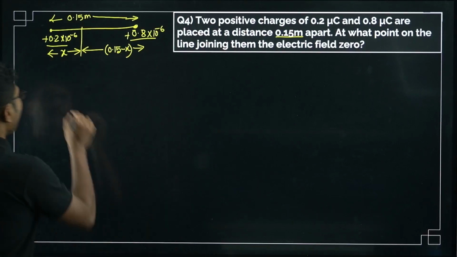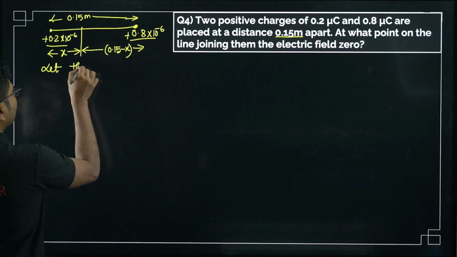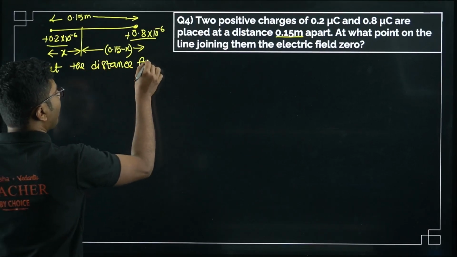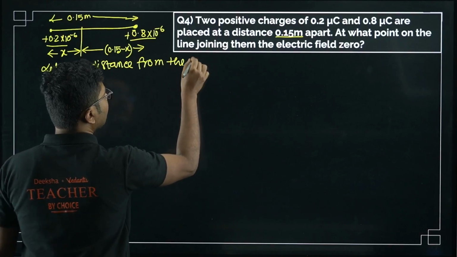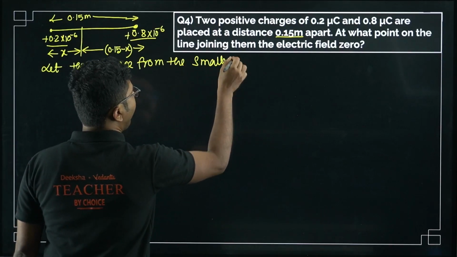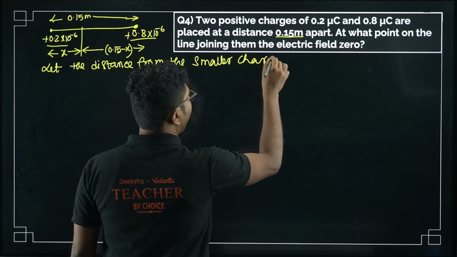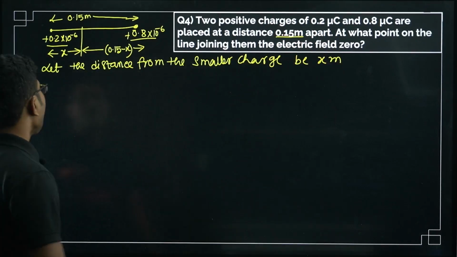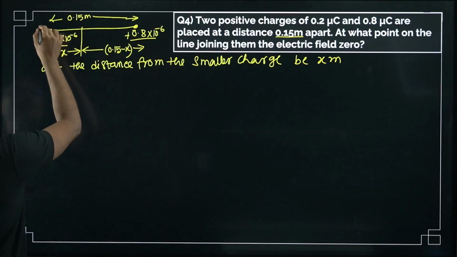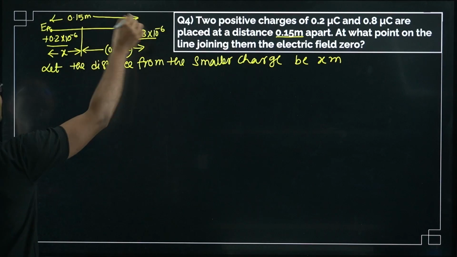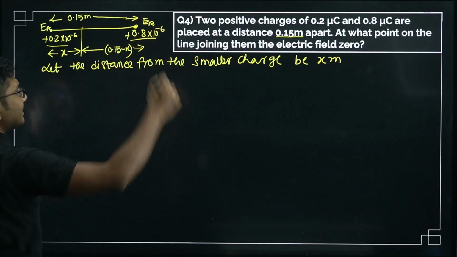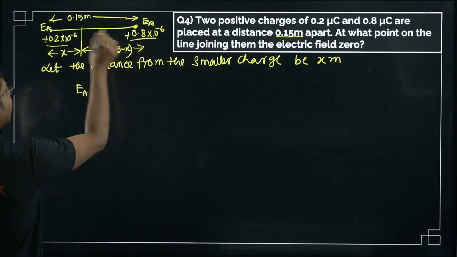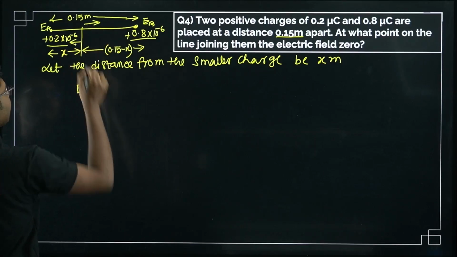So let the distance from the smaller charge be x meter. Now what will be the electric field due to each, EA and EB? In this case the distances are different for both charges. EA is in this direction, EB is in this direction, and both are positive charges.